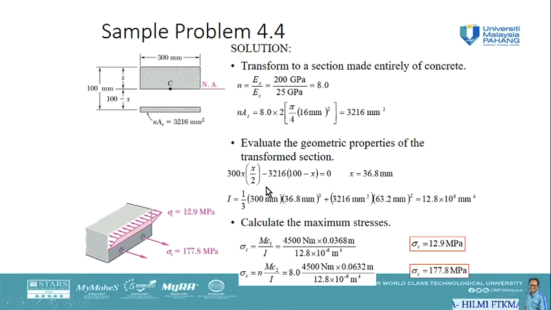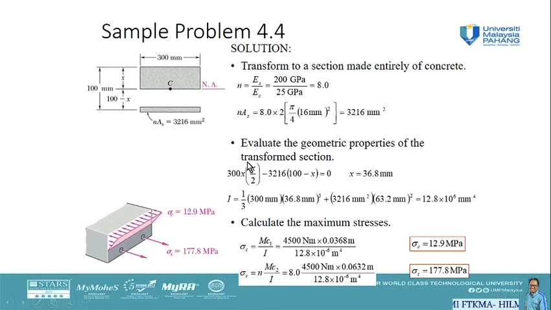Now we can calculate the moment of inertia I, where we have this equation. This is the equation that has been simplified. So we have two parts here. Basically what we need to do is use the total moment of inertia for a cross section beam.